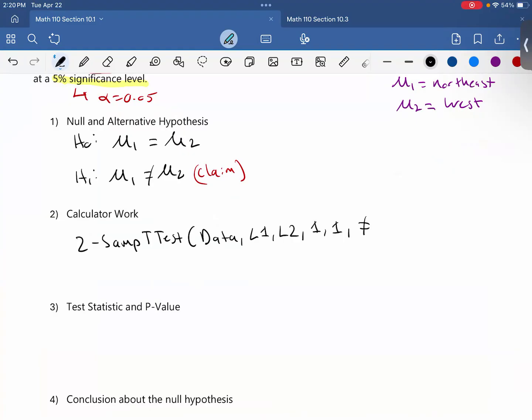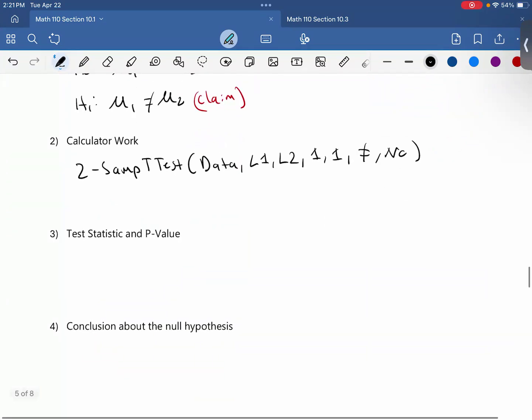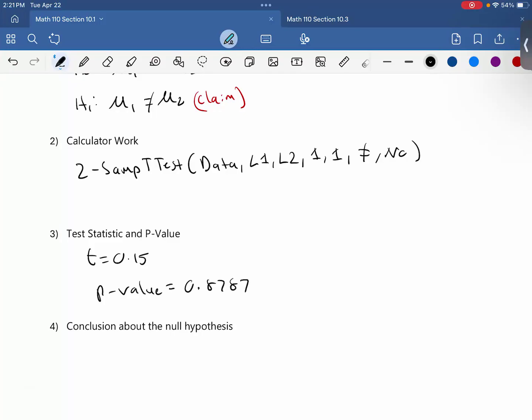Our inequality was not equal to, and pooled is always just no. When we ran that test, we got a test statistic of t equals 0.15 and a p-value of 0.8787. Round to 4 decimals for that p-value, since it's a probability.